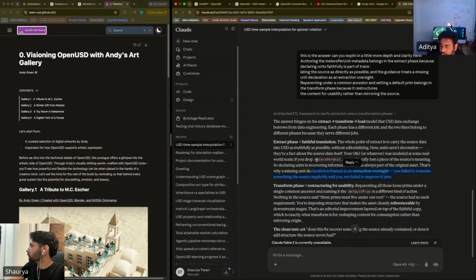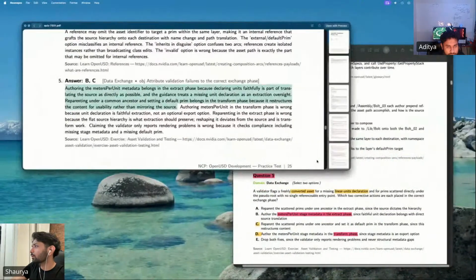Declaring units faithfully is part of translating the source as directly as possible. Got it.